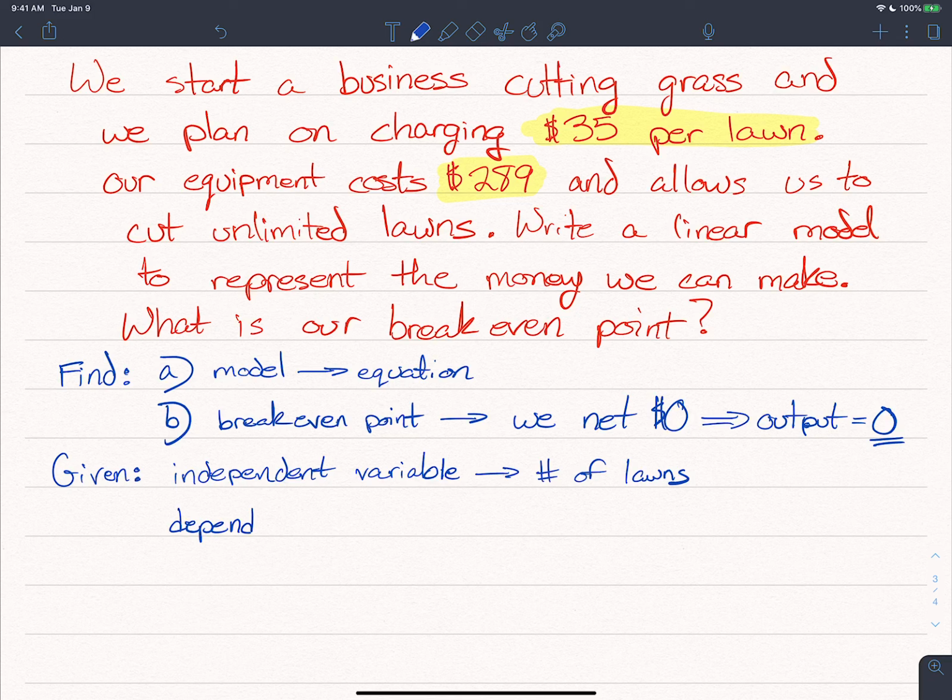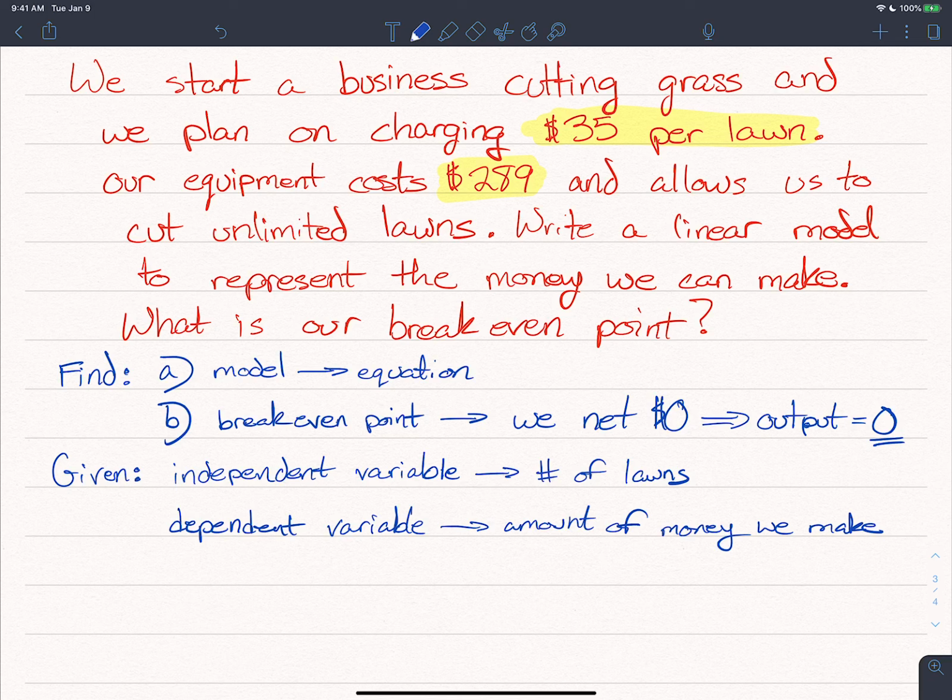Our dependent variable is going to be the amount of money we make. Because the amount of money we make is going to depend directly on how many lawns we cut.